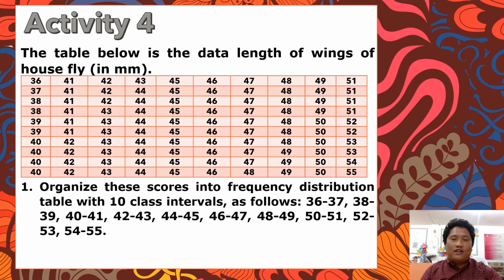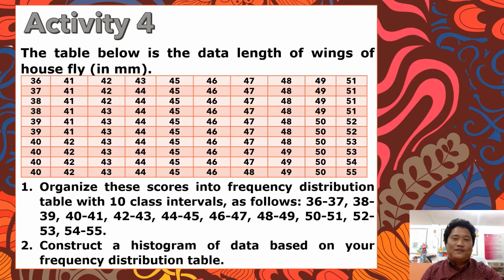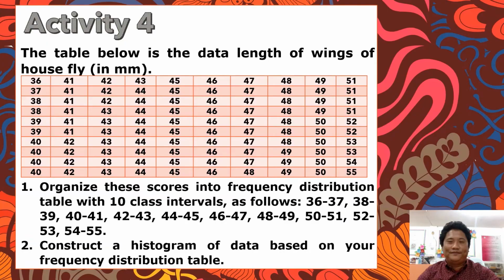So we have here 36 to 37, 38 to 39. So you count: how many are in 36 to 37 based on the data, and how many are in 38 to 39? And second, you construct a histogram based on your frequency distribution table. I'll give you 10 minutes. God bless. A few moments later.